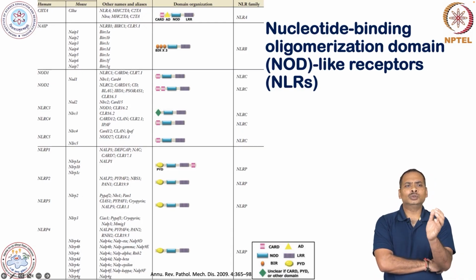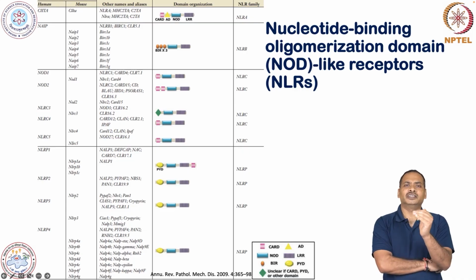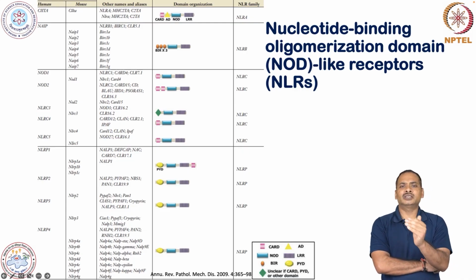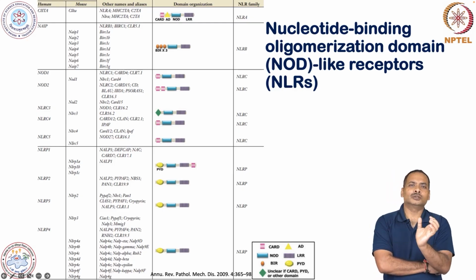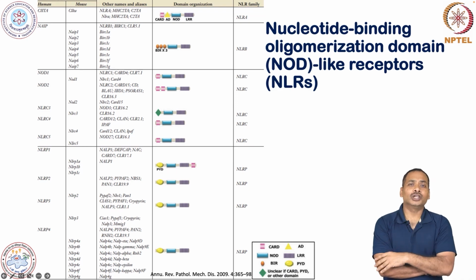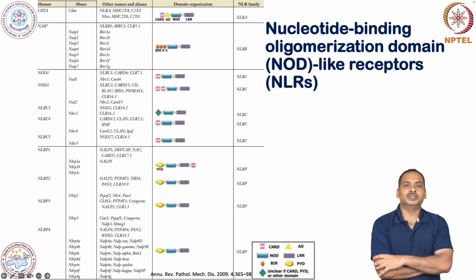So the class 2 transactivator protein has a CARD domain, an activation domain and a NOD domain. NOD is basically the nucleotide binding oligomerization domain. Basically it binds with nucleotide and that induces oligomerization. And there is a leucine rich repeat.